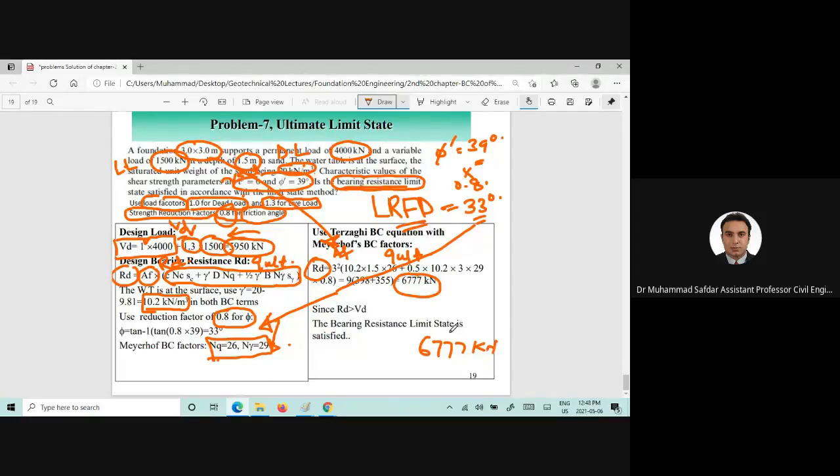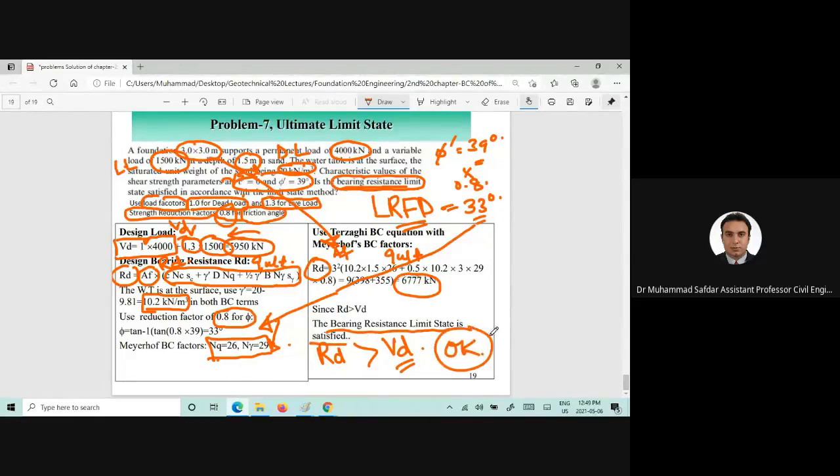This RD is greater than the design load, so the bearing limit state is satisfied.